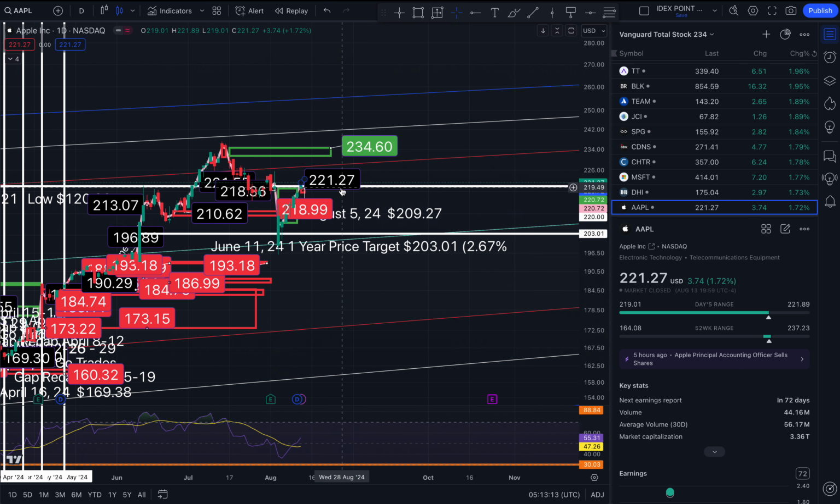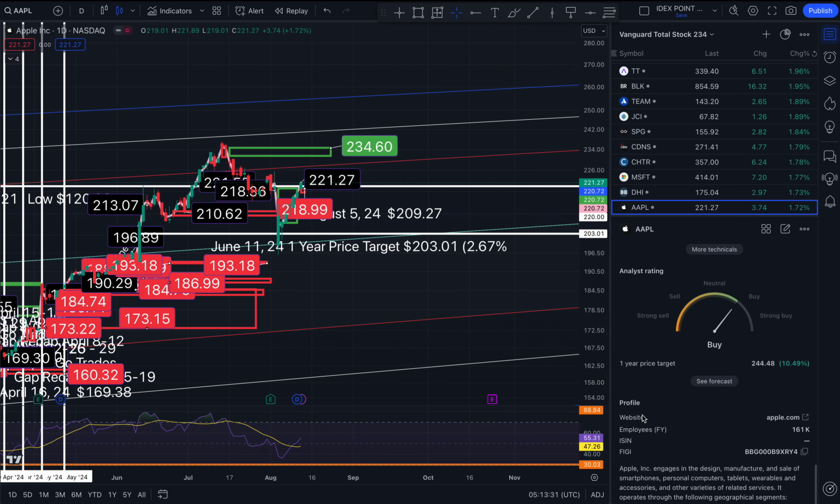That's how I like to mark it out. So to the upside, this will take us to 227.29, and back at the middle of the trend will take us to roughly $200.03. And the 1-year price target is 244.48.